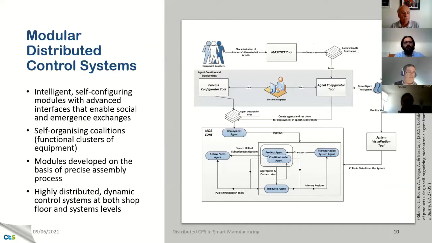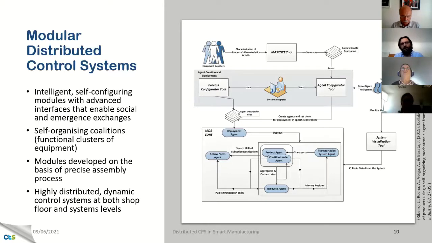So the idea was to develop a control system at the shop floor level where all the resources, in this case machines or operators or, for example, a conveyor belt or a robot, are abstracted by a cyber entity, and the product is also abstracted as a cyber entity, and the control of the system is provided by the interaction among these cyber physical components or cyber physical modules.